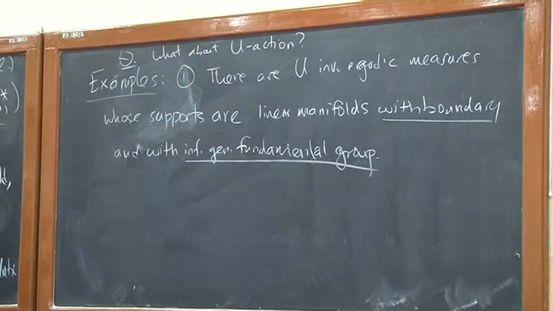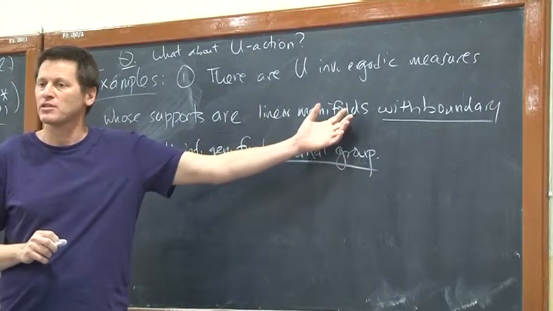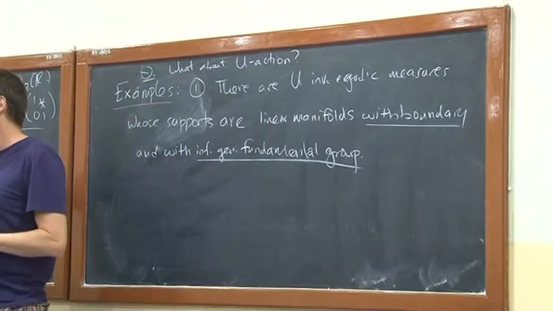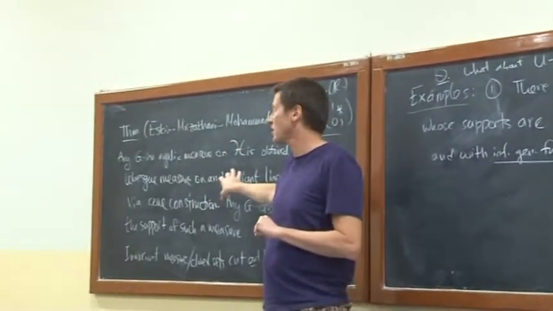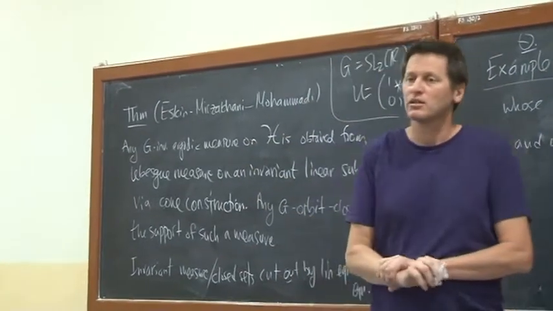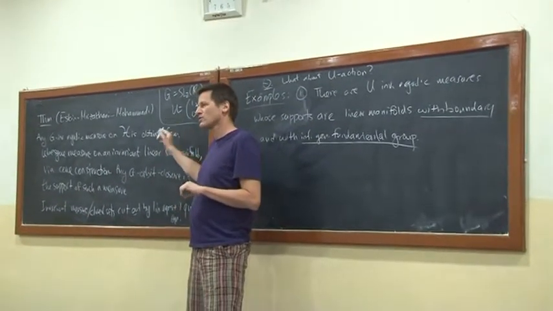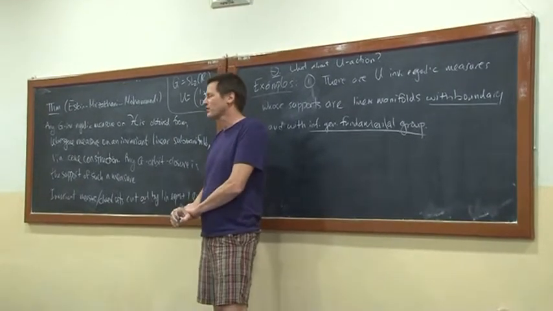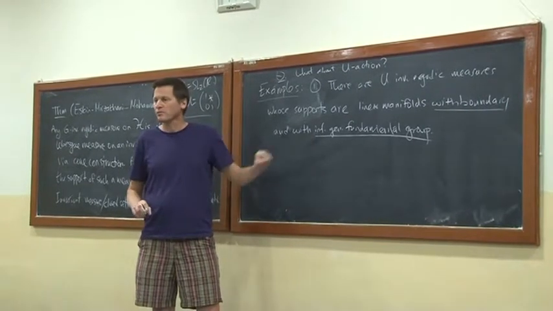So the two novel pieces here for the U action are, first of all, that these manifolds may have boundary, which never happens in the SL2R situation. Those are manifolds without boundary. Also, there are some restrictions known about the Eskin-Mirzakhani-Mohammadi submanifolds. I would say it's probably a theorem, but at least to be safe, it's very widely believed that you cannot have this phenomenon of an infinitely generated fundamental group.